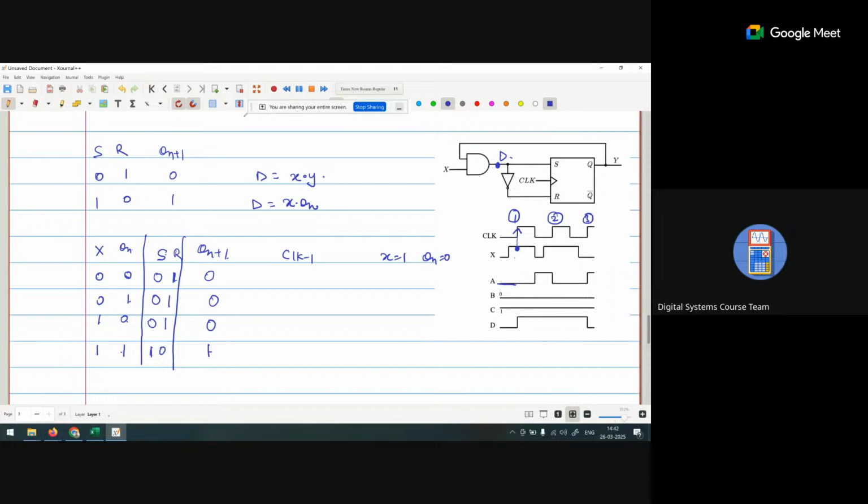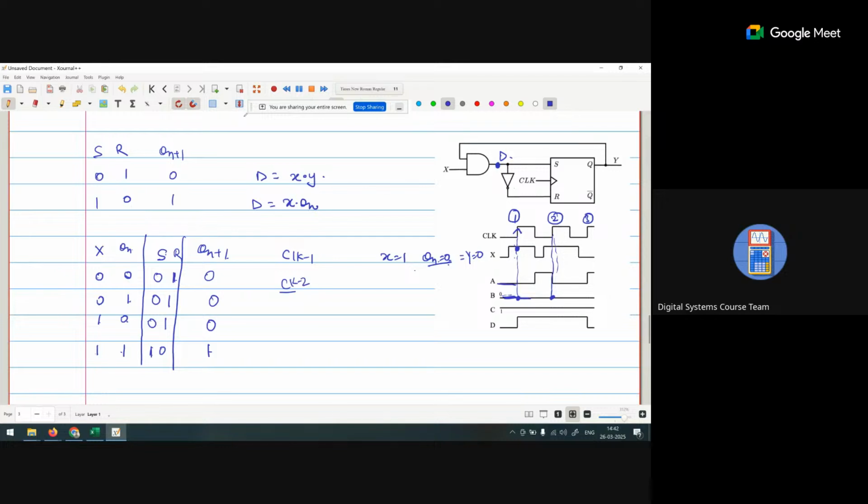That means Qn is 0, so we are getting a 0 from here up to this point. If X is 1 and Qn is 0, we are getting Y as 0.